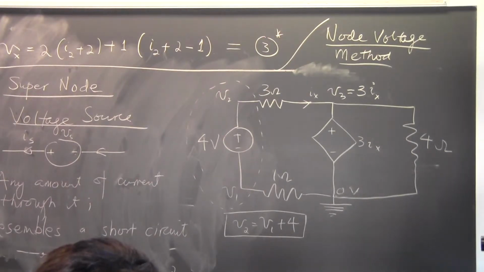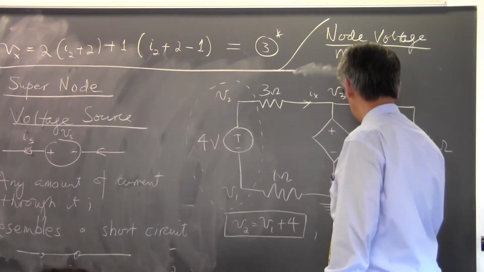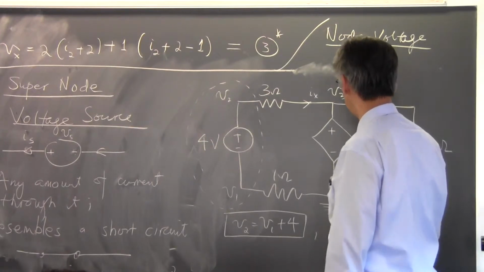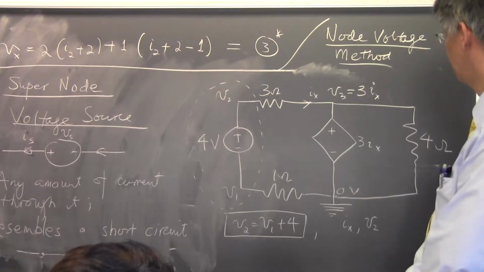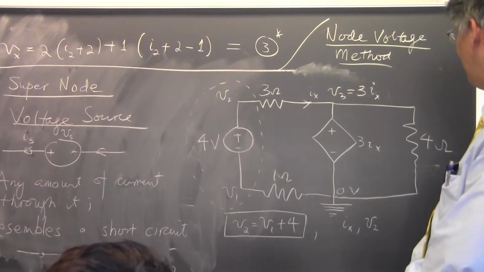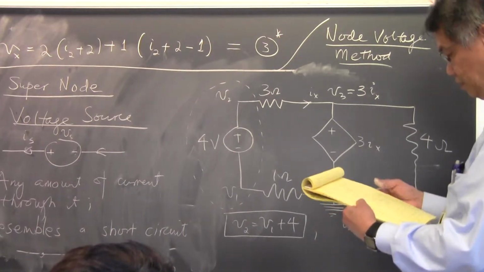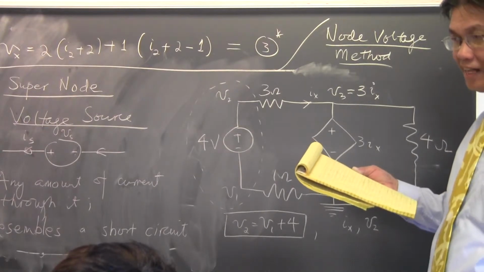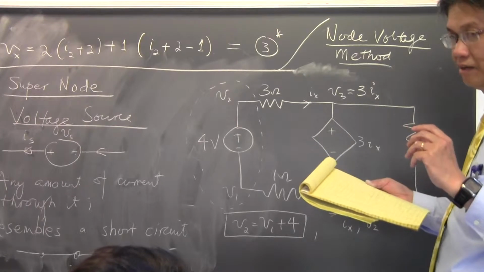So right now if you look at this problem, you only have two unknowns, Ix and V2, to find. There are no other unknowns that you need to find now. V1 is dependent on V2, V3 is dependent on Ix. So you just need to find a place to write a KCL. In the node voltage method, you have to write KCL.